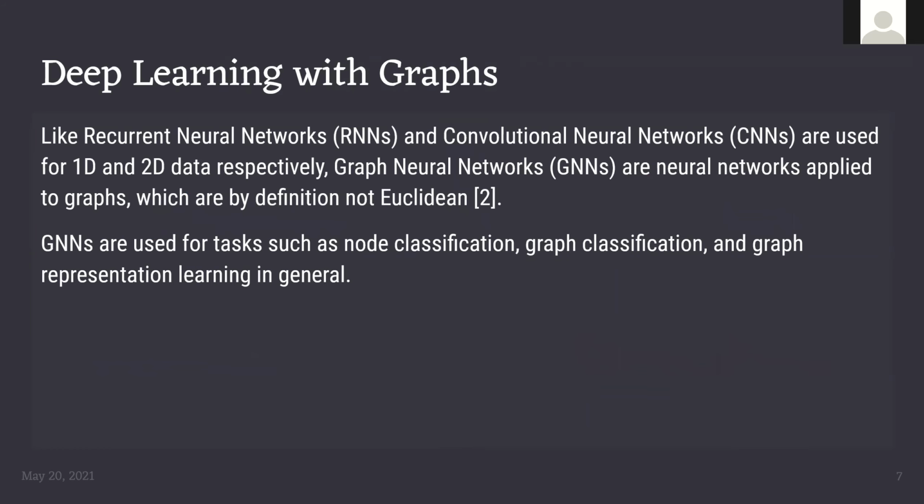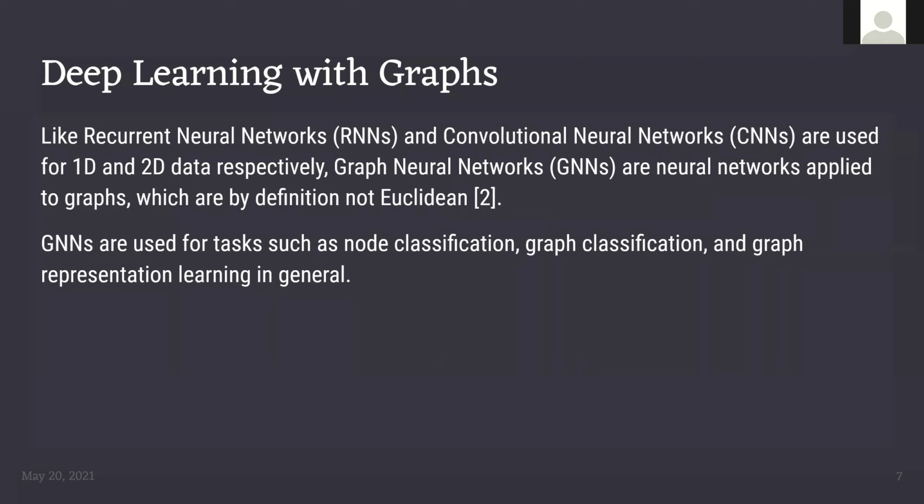For example, we can mention recurrent neural networks and convolutional neural networks, which are used respectively to operate on 1D and 2D data. That is, for example, sequences of words and images. And of course, the same ideas have been applied to graphs too, and the result is called graph neural networks.